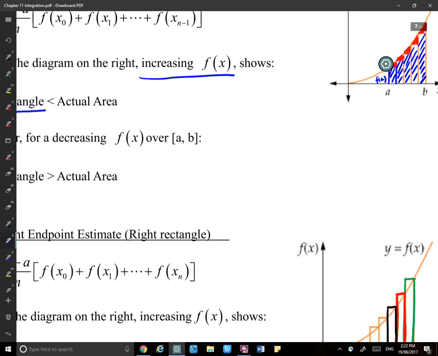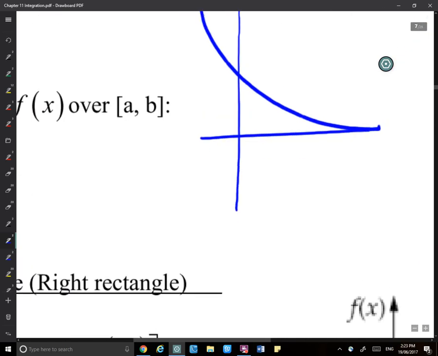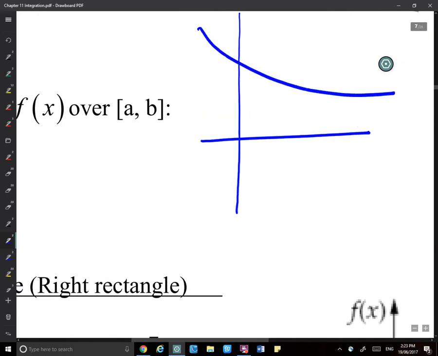If I sketch a decreasing function, where's my ruler? If I have a decreasing function from A to B, say from here to here, I use left-hand side estimation. So that's my first length.